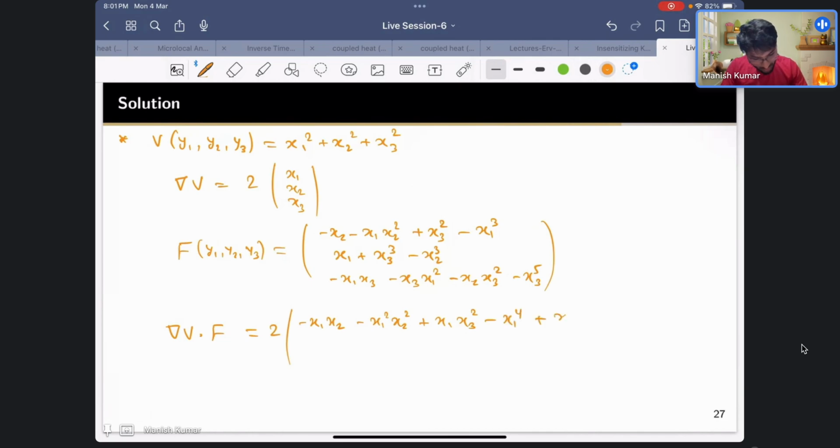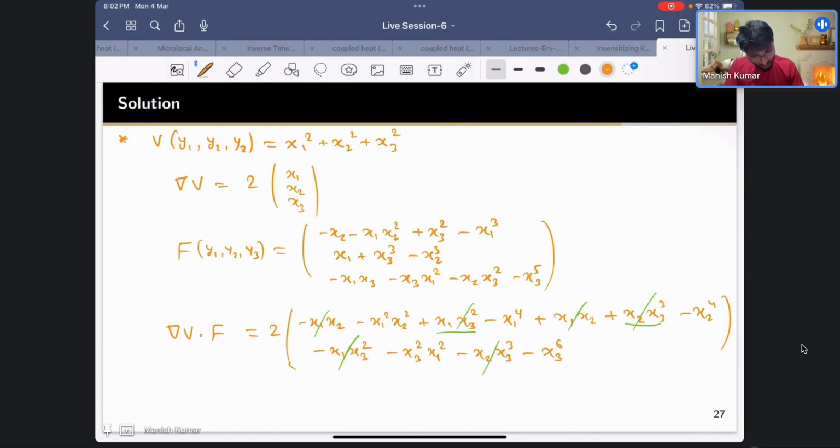With x2, you'll get plus x1 x2 plus x2 x3 cube minus x2 to the 4, then you have minus x1 x3 square minus x3 square x1 square minus x2 x3 cube minus x3 raised to the power 6, right? So you can clearly see that this cancels with this, and then x1 x3 cancels with this. What else is remaining? This is another problematic term, so this cancels with this. Okay, now the rest is fine.